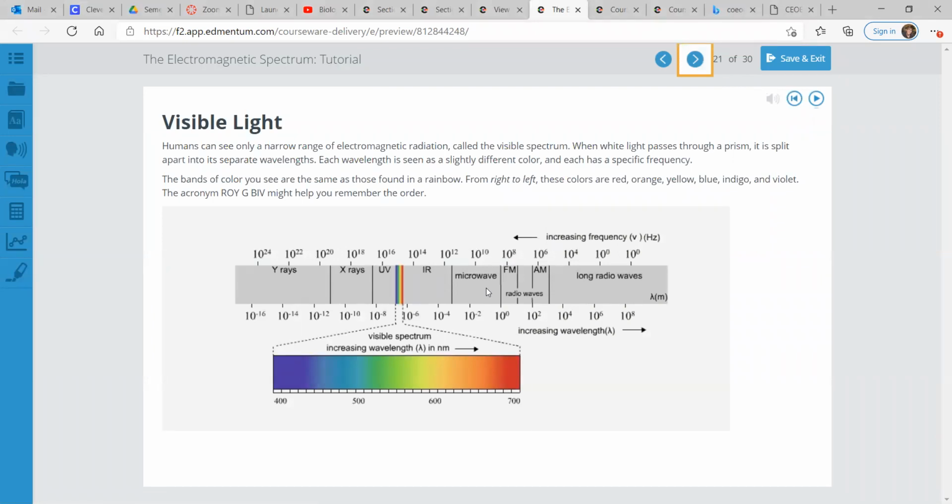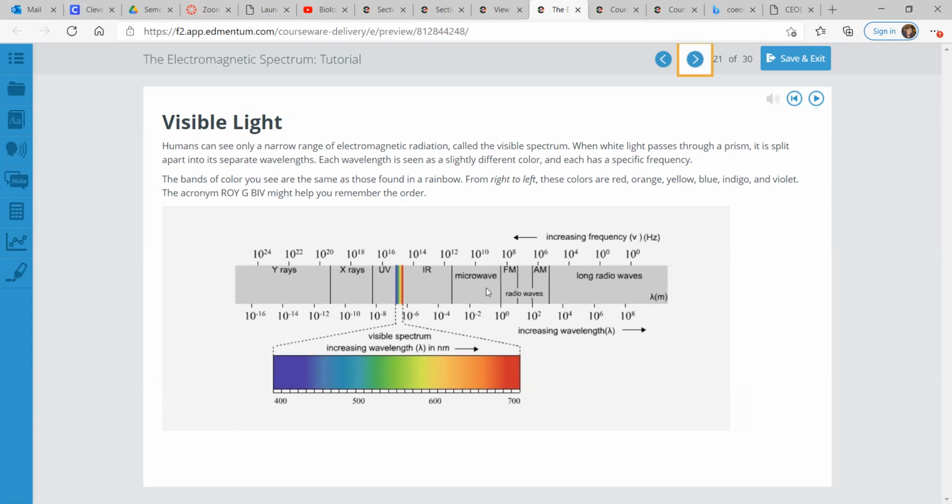Humans can see only a narrow range of electromagnetic radiation, and we call this the visible spectrum. When white light passes through a prism, it is split apart into its separate wavelengths. Each wavelength is seen as a slightly different color, and each has a specific frequency.